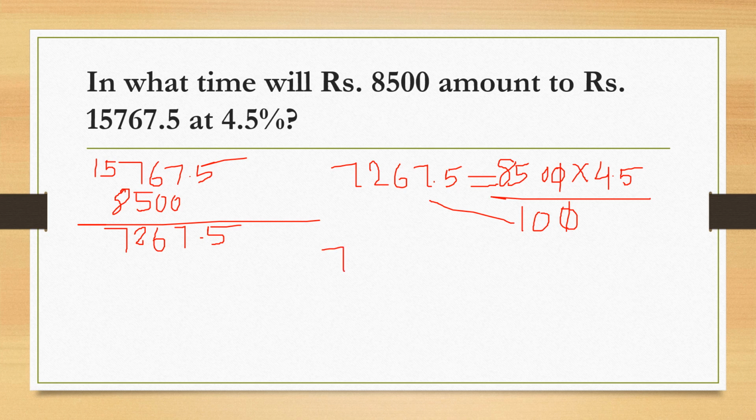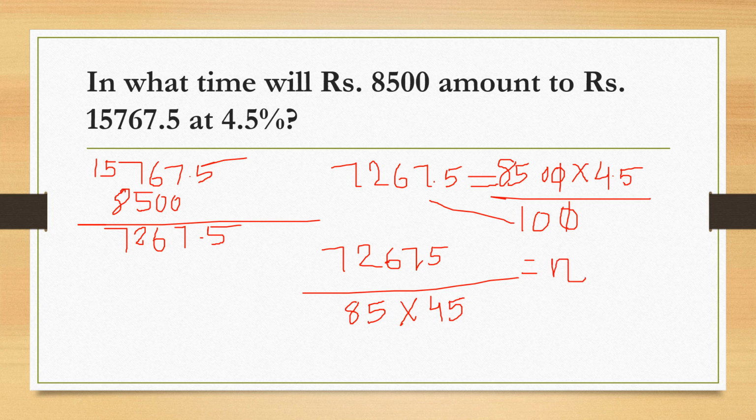So we'll get 72,675 divided by 850 into 45, which can be written as 85 into 45, which is equal to N. On simplifying this, we will get N is equal to 19 years.